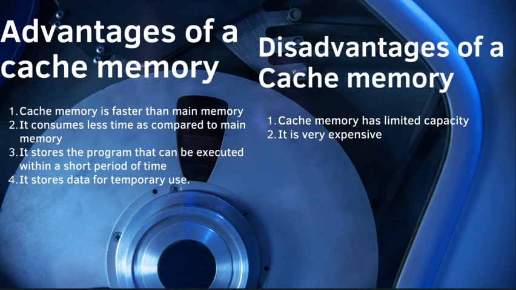You have disadvantages of a cache memory. Cache memory has limited capacity and it is very expensive. Cache memory is just like your RAM, but it's not your RAM. It is faster than your RAM. Information is stored temporarily for it to be used and then it leaves immediately.